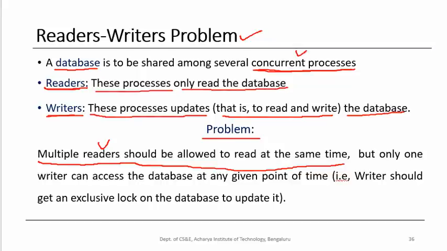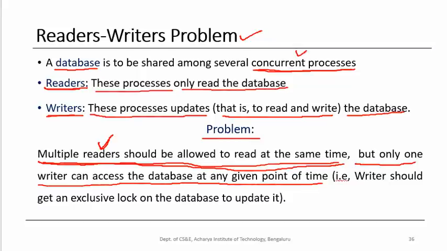Okay, what is the critical section here? Reading from the shared database, that part of the code is the critical section, and multiple readers could be there because they only read, they don't update. But only one writer can access the database at any given point of time.